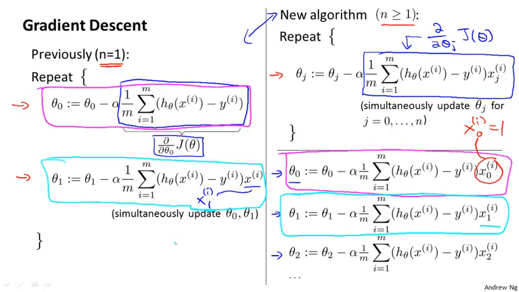And now that we have more than one feature, we can have similar update rules for the other parameters like theta 2 and so on. There's a lot going on in this slide, so I definitely encourage you, if you need to, to pause the video and look at all the math on the slide slowly to make sure you understand everything that's going on here. But if you implement the algorithm written up here, then you will have a working implementation of linear regression with multiple features.